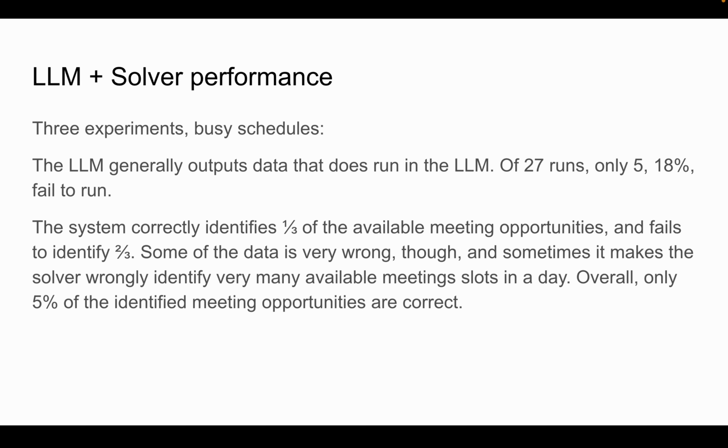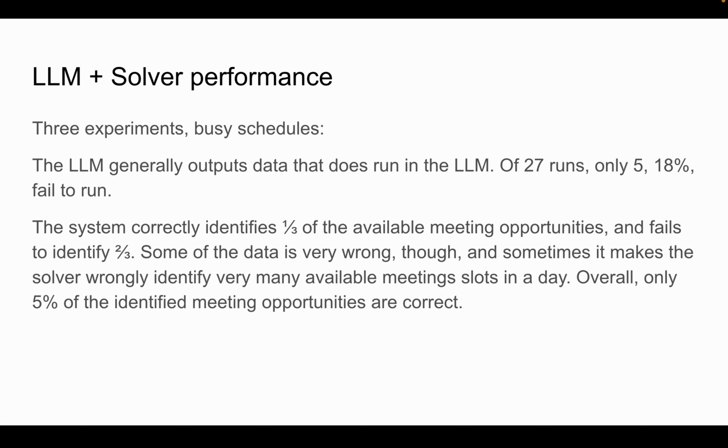We run 3 experiments with busy schedules only. It generally outputs data that does run in the solver. Of 27 runs, only 18% fail to run in the solver at all.